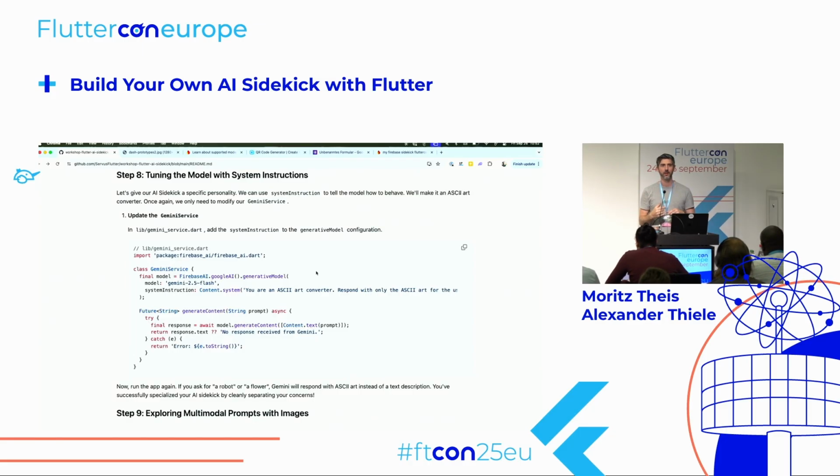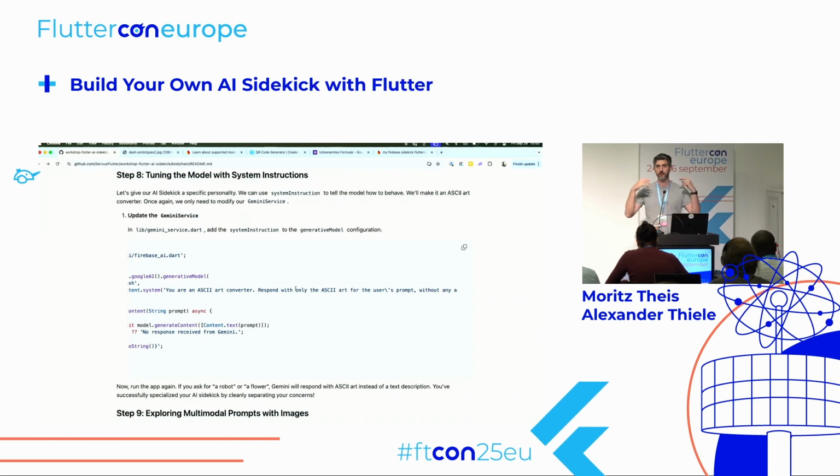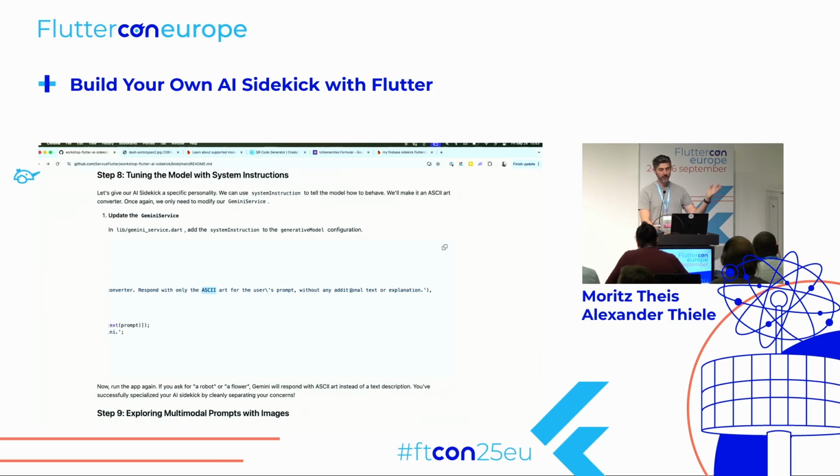Okay, it's basically just an instruction for how the model should behave, and this you can give the model itself as a system instruction. In this case, this is an ASCII art converter. And you can tell this model to only respond with, for example, ASCII art for the user's prompt without any additional text or explanation.